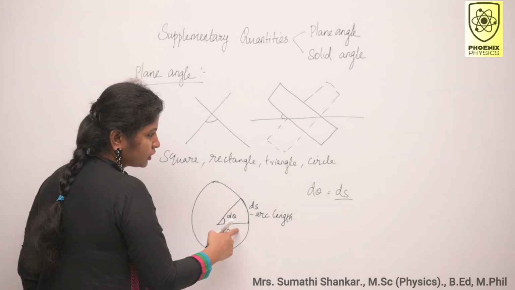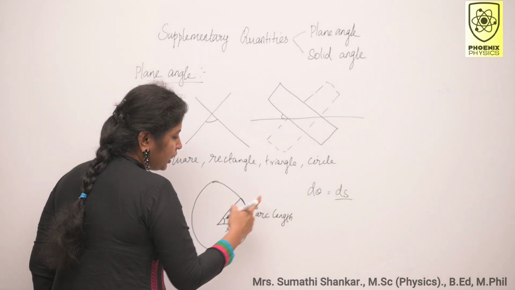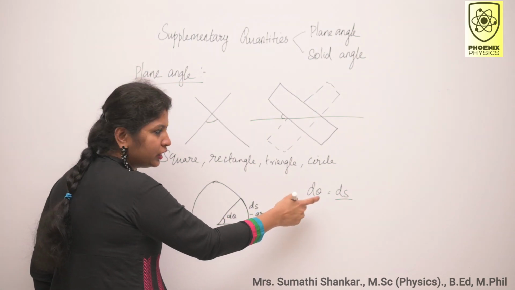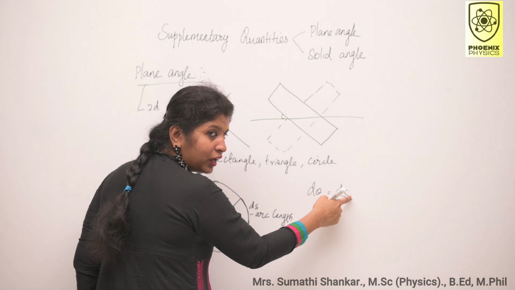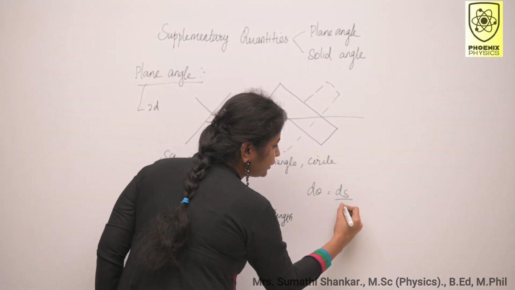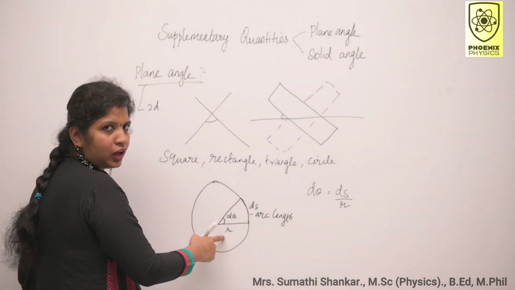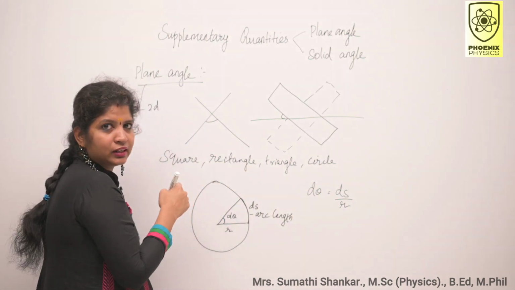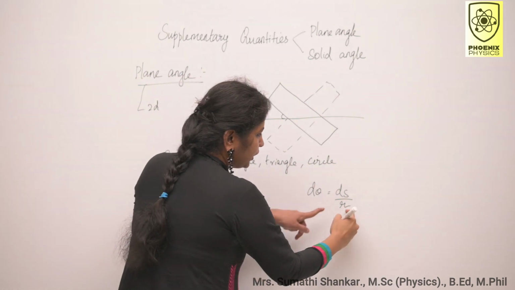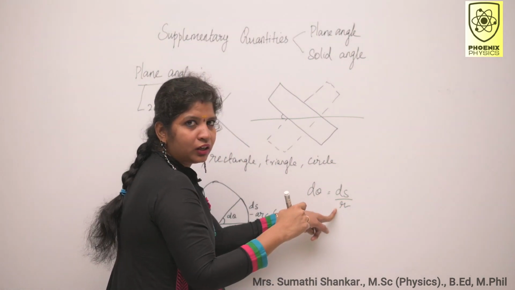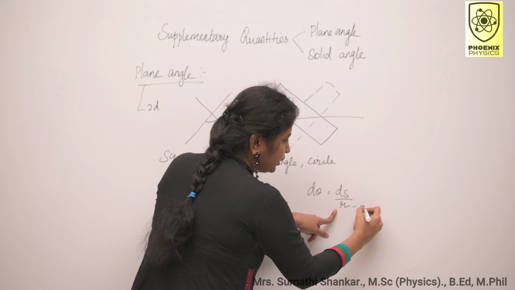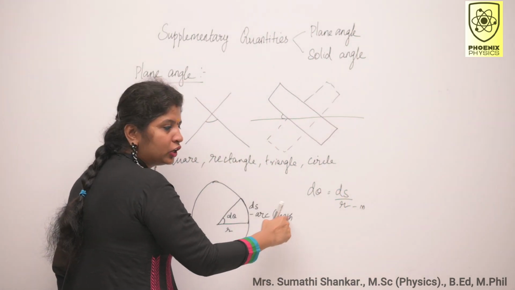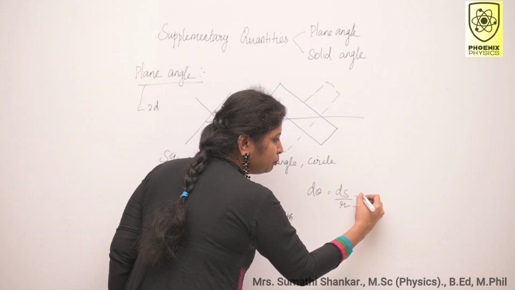Up to this clear? How will you define d theta? D theta is nothing but the ratio of the arc length ds to the radius of the circle r. What is the unit for this d theta? Here, r is in meters, right? ds is our arc length, so this is also in meters.